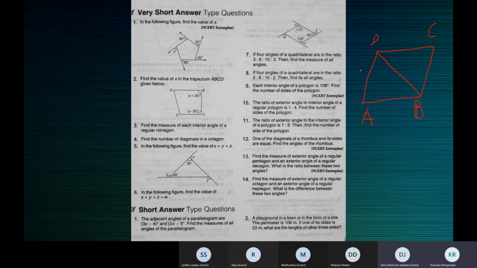Ma'am, I think the answer we will get is 120 degree, 160 degree, 120 degree, and 60 degree. Yeah, this is Danya or Devadarshini? Ma'am, Devadarshini. Yeah, very good, Devadarshini. Your answers are right. 120, 120, 60, and 60. Perfect. Thank you.